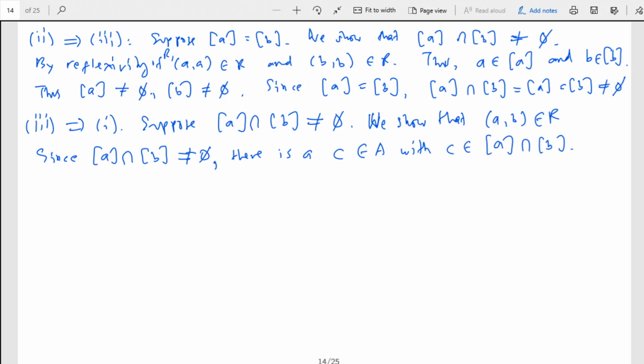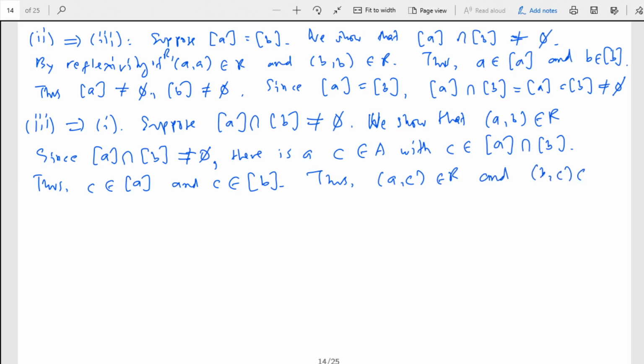Now, this means that c is an element of the equivalence class of a, and also c is an element of the equivalence class of b. By definition of equivalence class, this means that (a, c) is in R and (b, c) is in R.